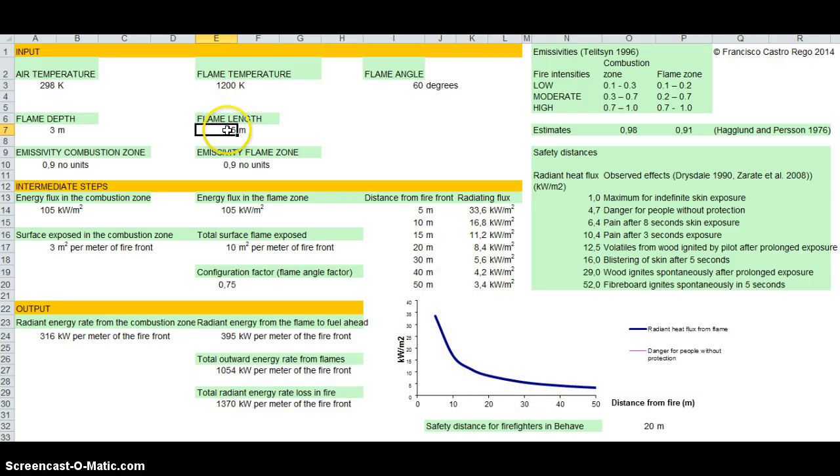But the major effect is on flame length. If flame length is 2 meters, then the whole picture changes and the safety distance from fire is much lower. So you can play a little bit with that and see what the consequences are.